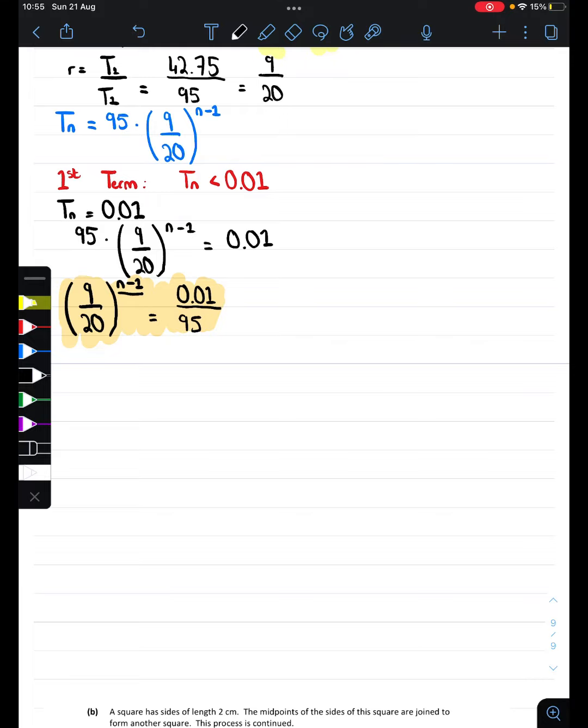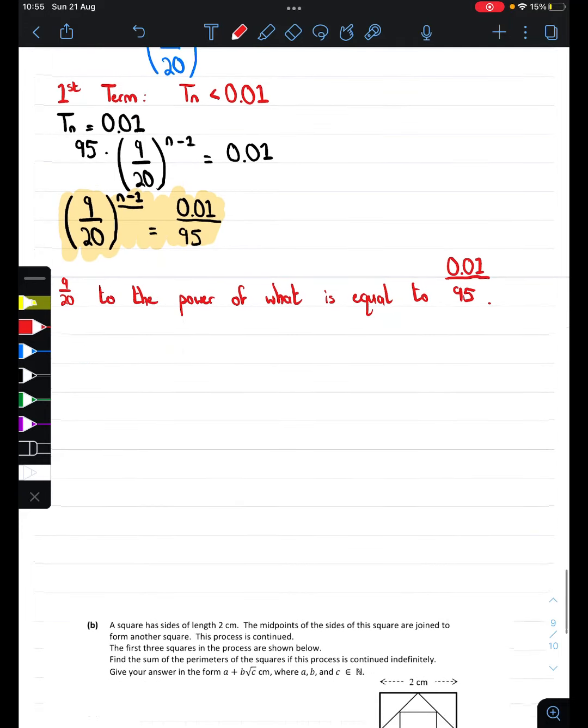So this equation is asking: 9 over 20 to the power of what, our unknown, is equal to 0.01 over 95. That's what this equation is asking us.